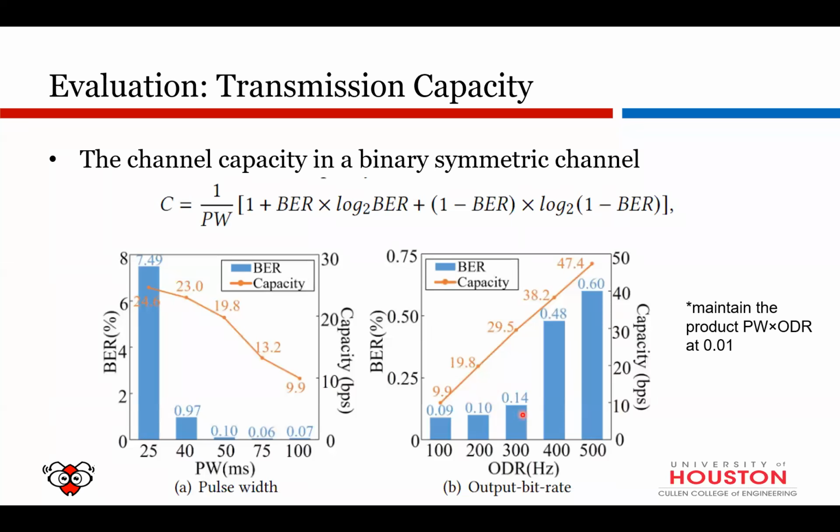That means if we increase the sampling rate of the gyroscope, we can expect a higher channel capacity. One thing to point out is that in this experiment, they maintain the product of these two values fixed at 0.01. So here is the evaluation of the transmission capacity.